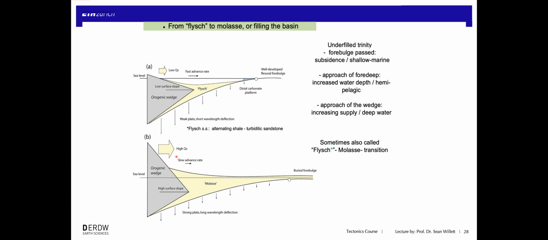And that means that we're going to go from an underfilled foredeep, something like this, where the sediment is only partially filling the basin, the rest is water, to an overfilled foredeep, where we have sediment filling all the way up to the top. This will also be reflected in the facies of the sediment that's deposited.